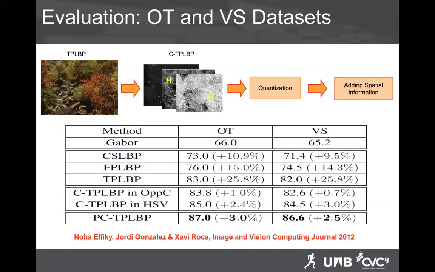As you can see in our standard database comparison here, we exceeded the state of the art with lower computational complexity. And this work was published in another journal, Image and Vision Computing, in 2012.